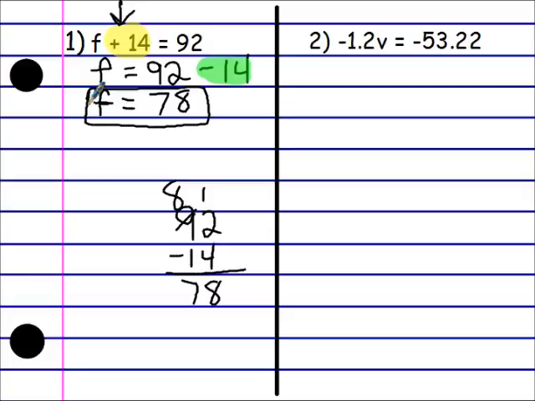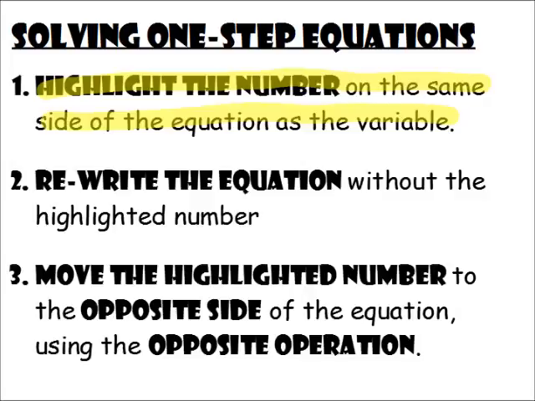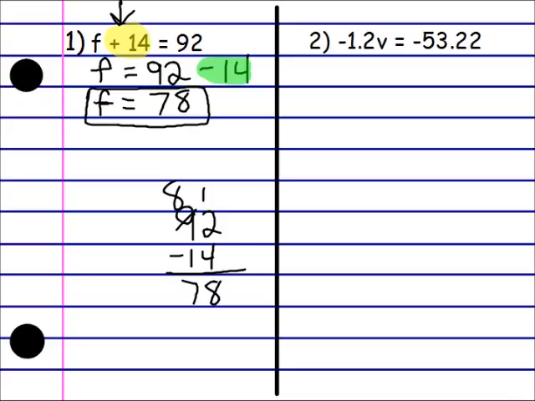We have negative 1.2v equals negative 53.22. Let's follow our steps again. First, we'll highlight the number on the same side of the equation as the variable. So our variable here is v, and the number on the same side of the equal sign would be negative 1.2.